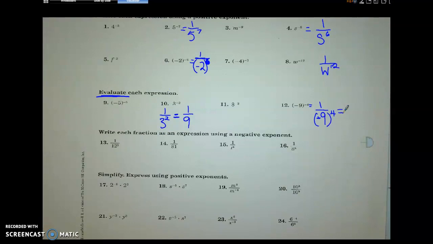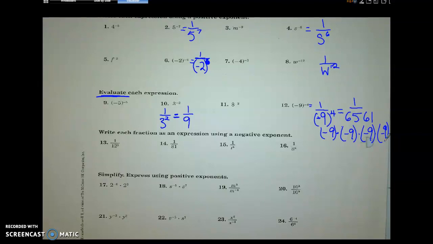So when I look at 9 to the 4th power, that's going to end up being 1 over 6,561. That ends up being a positive answer, okay? Because it's negative 9 times negative 9 times negative 9 times negative 9. And that gives us a positive answer.